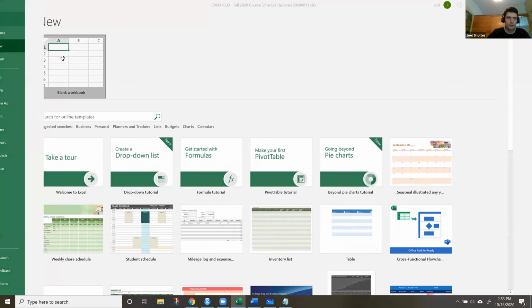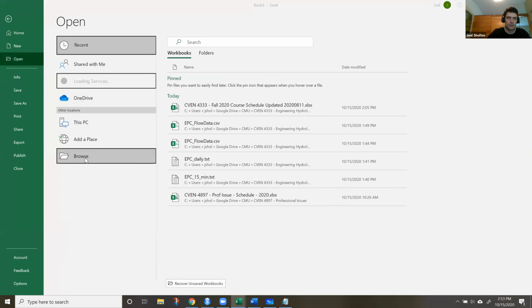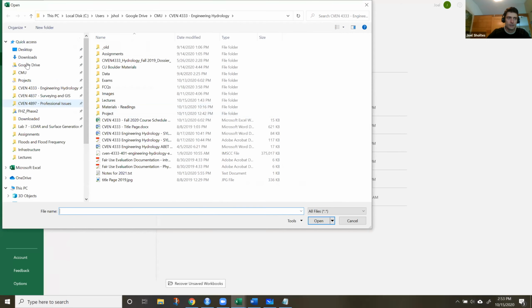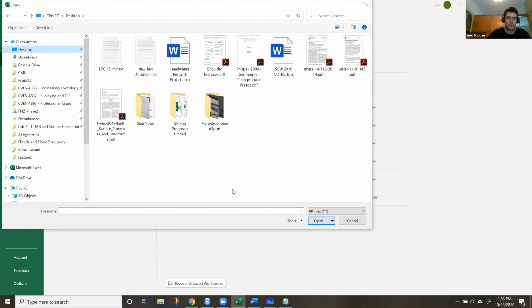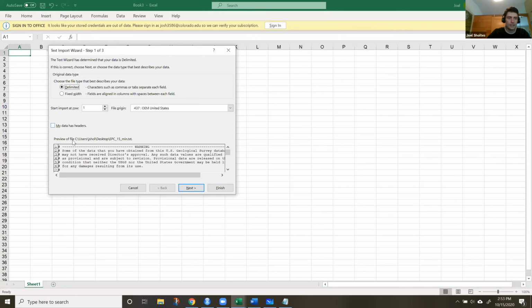Do a new blank. I'm going to open, browse to that data, click on that 15-minute data, and it brings up this import wizard. All I need to know is that it's delimited. So that's checked, that's good.